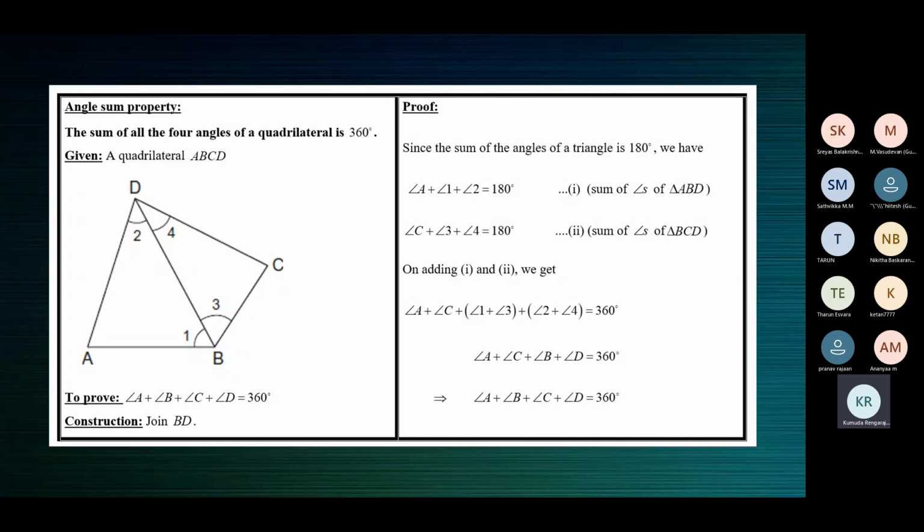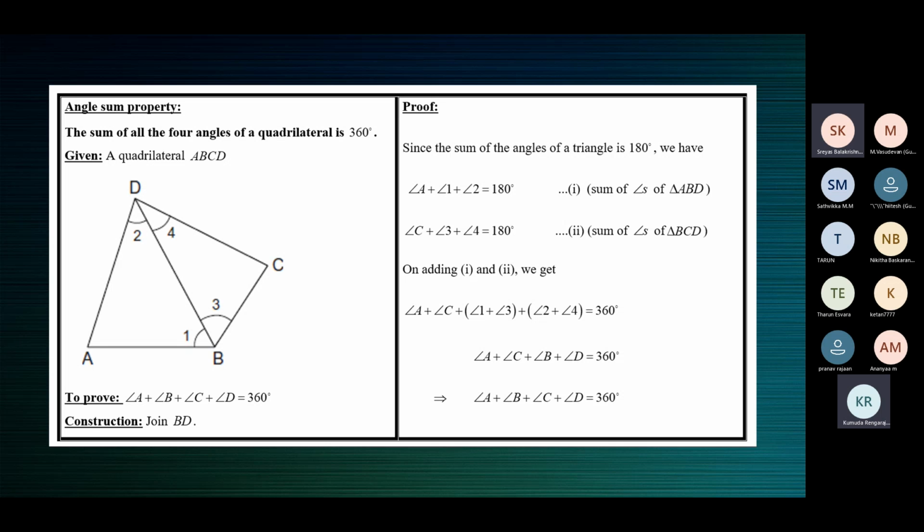Name some special quadrilaterals, children. Or name the 6 special quadrilaterals we saw yesterday. Trapezium. Kite. Parallelogram.